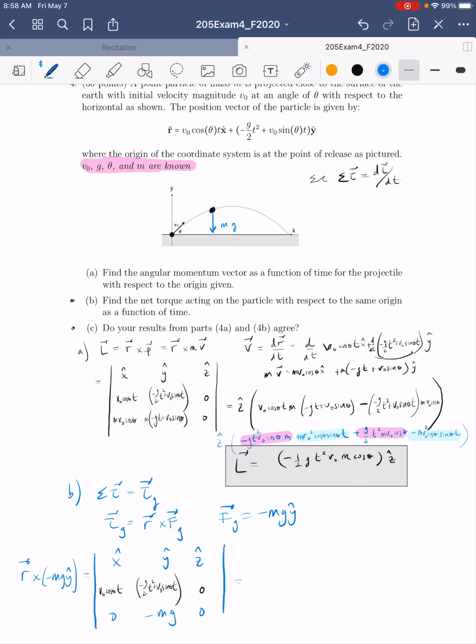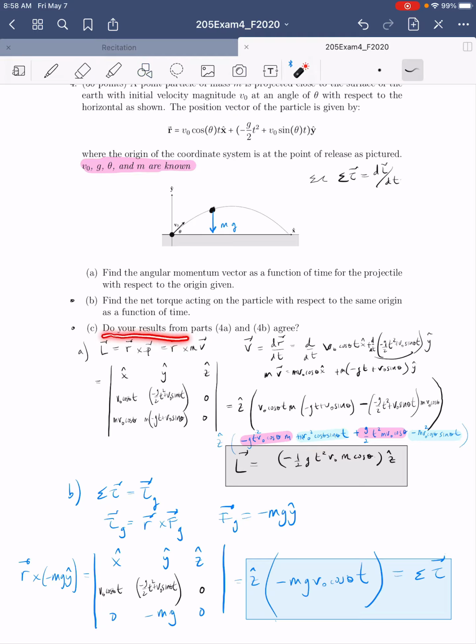So good strong start, because my angular momentum is in the z. I'll have first this times this minus this times this. So that second component will be 0. It's really just this first one, minus mg v naught cosine theta times time. That is the net torque acting on the system, i.e. the torque from gravity. So that's part B. It seems pretty straightforward.